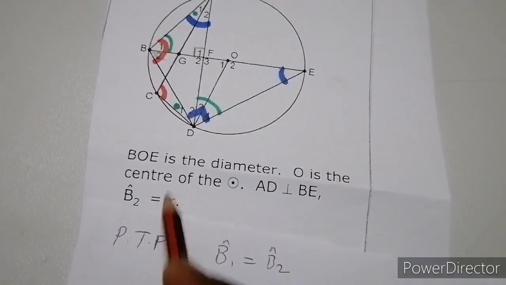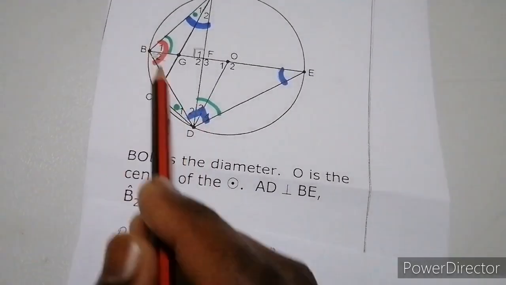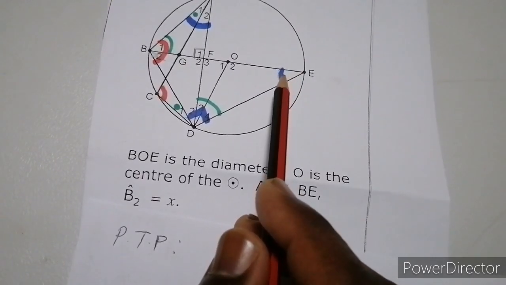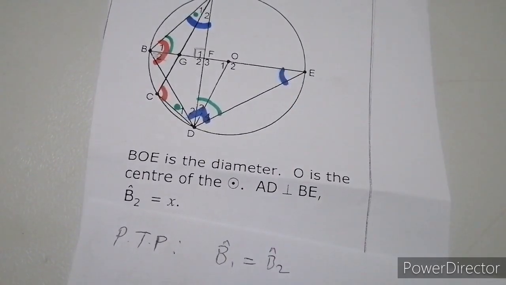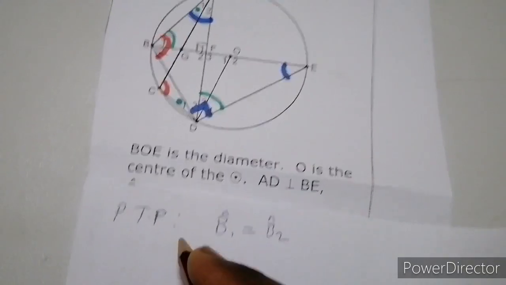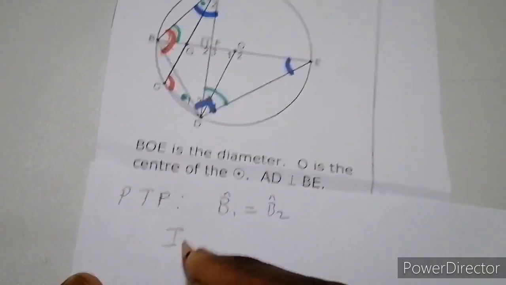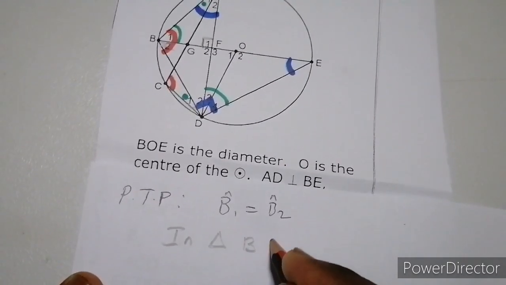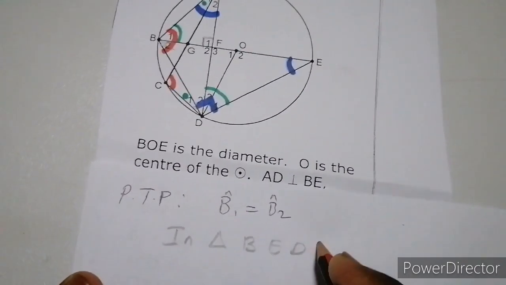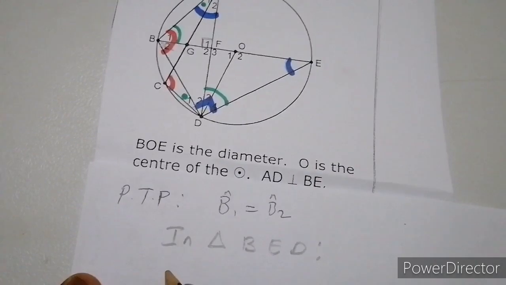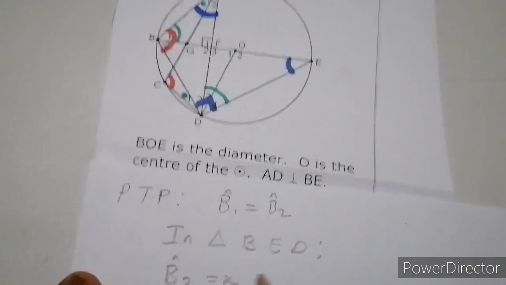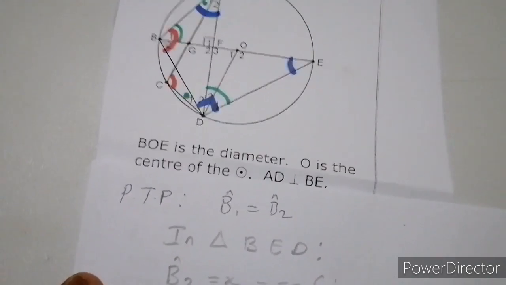From the diagram, we can see in this triangle, we can find that angle in terms of X. In triangle BED, B2 is equal to X. That one is given.